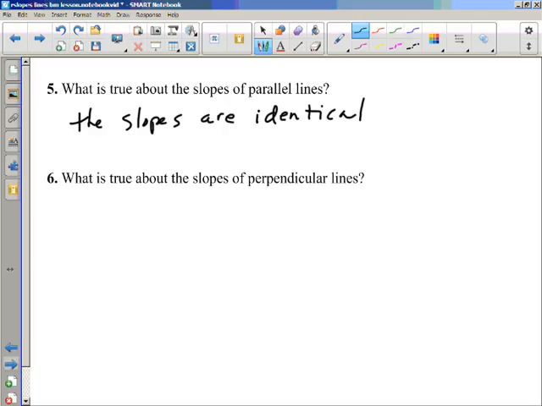And what's true about slopes of perpendicular lines? The slopes of two lines that are perpendicular will be opposite reciprocals.